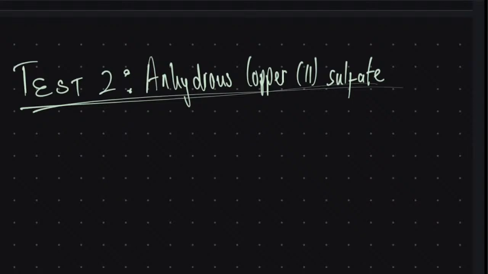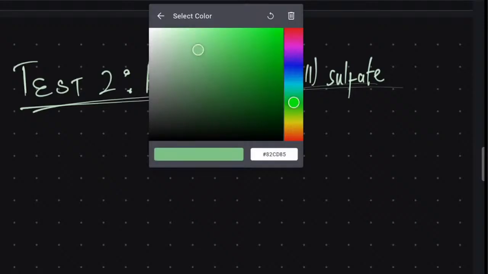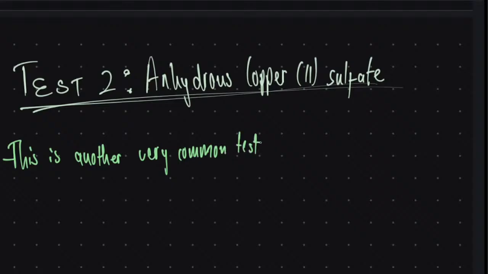Cobalt 2 chloride starts as blue and turns pink. So you should say, right here, this is another very common test for water.